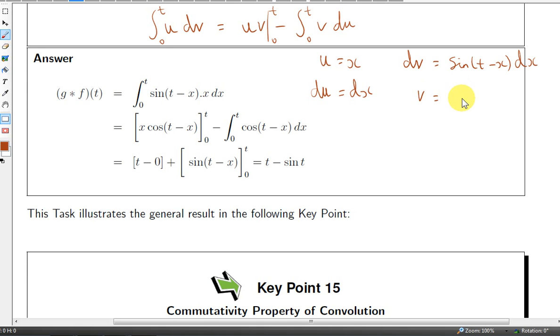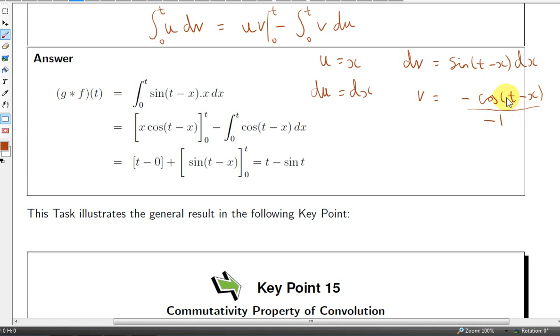Now the integral of sine is minus cos. And we divide by the derivative of the angle. So if we differentiate t minus x with respect to x, well, the derivative of t is 0. The derivative of minus x is minus 1, so we have to divide this by minus 1.